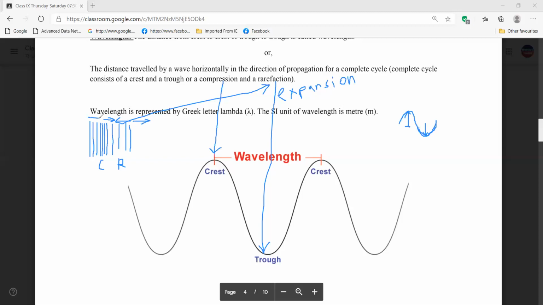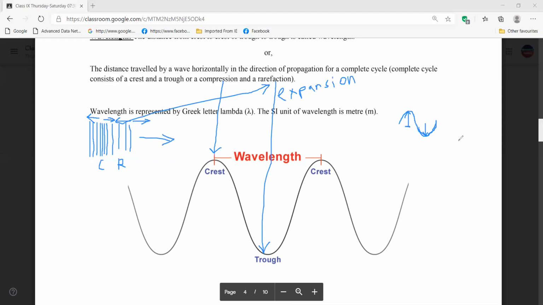That's why they are called longitudinal waves. The wave is going to the right side and the particle vibration is parallel to it, parallel to the direction of energy transfer. That's why it's called a longitudinal wave.